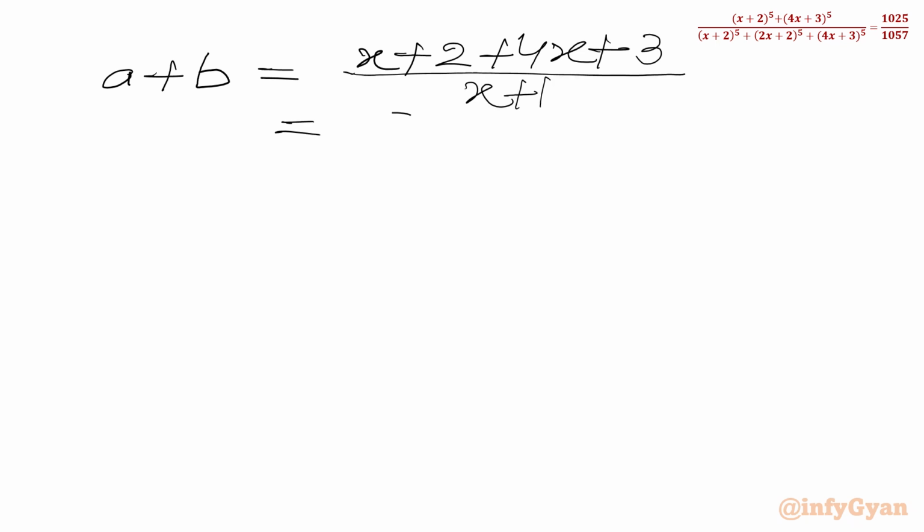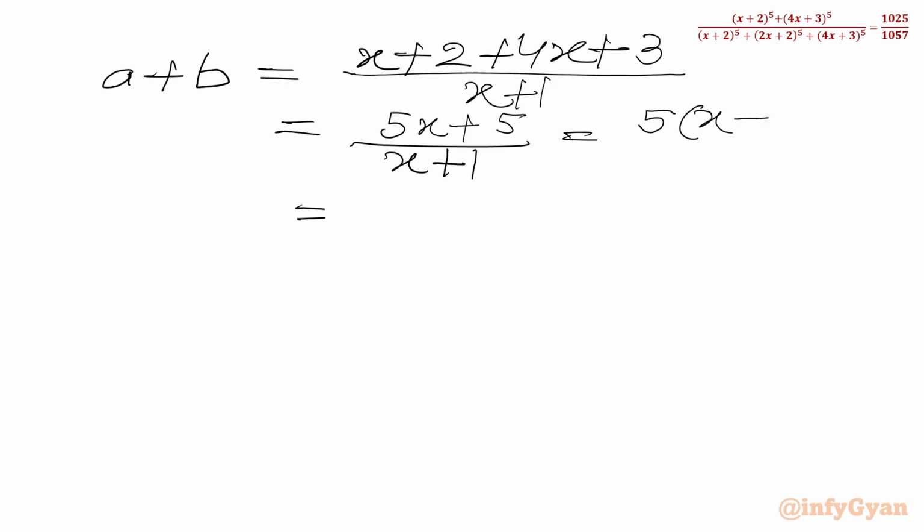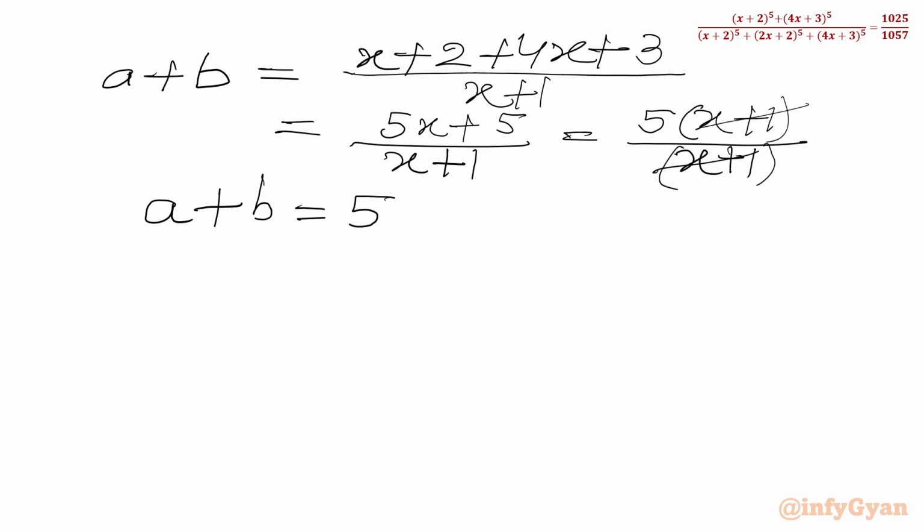We will write 5x plus 5 in the numerator, and denominator is x plus 1. Now we will take 5 common out. So we can write here 5 times (x plus 1) over (x plus 1). Now we will cancel x plus 1 from numerator and denominator. We will get our second equation A plus B equal to 5. Let's say this is equation 2.